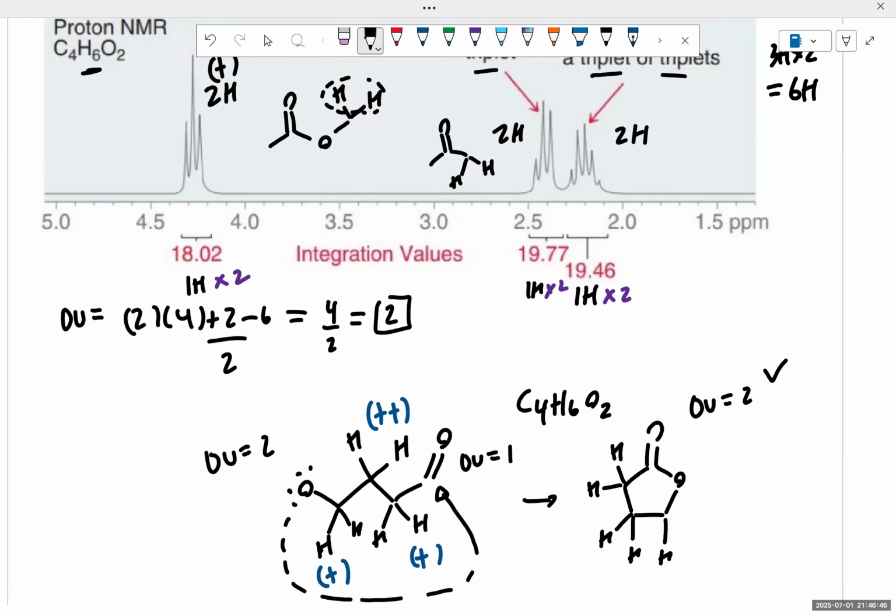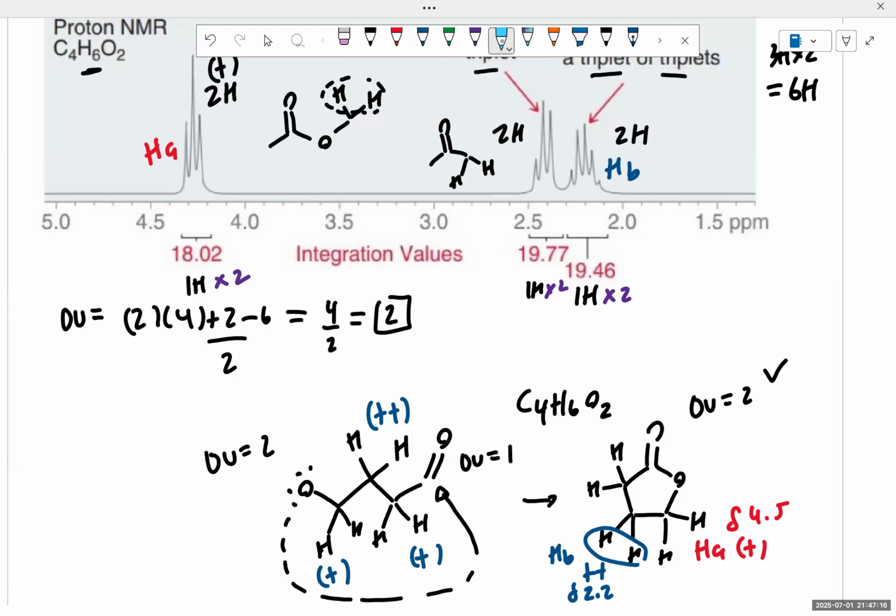From here, we can just check this proton with a chemical shift of around 4.5 as a triplet would match this proton here. This proton, that's a triplet of triplets with a chemical shift of around 2.2, would match this signal here.